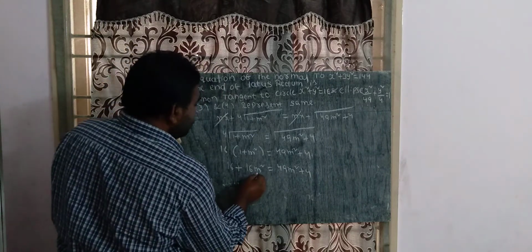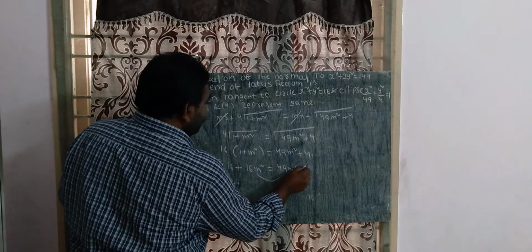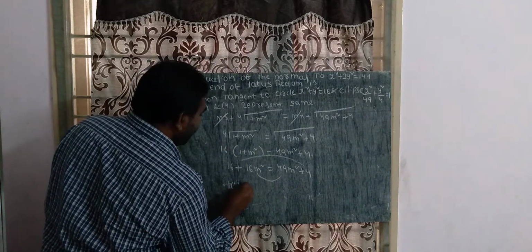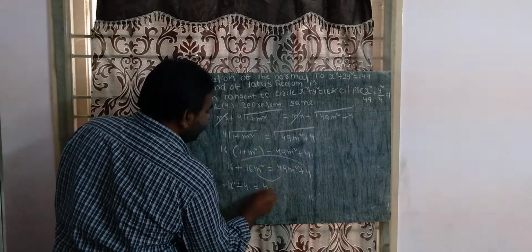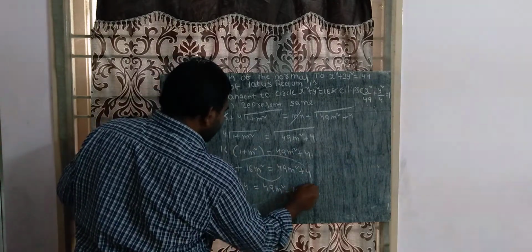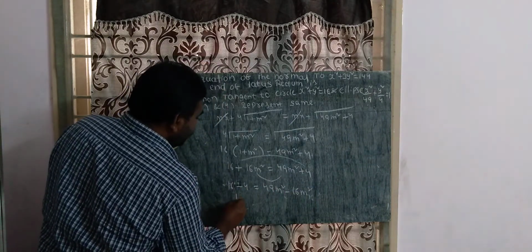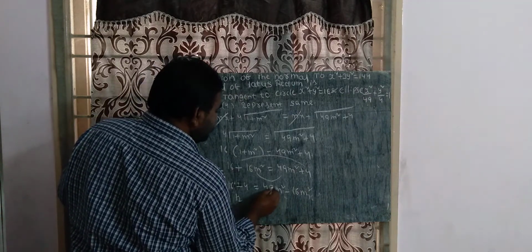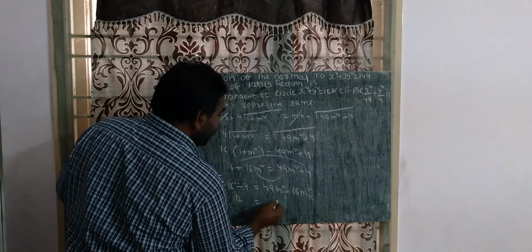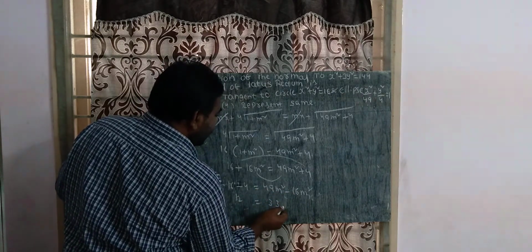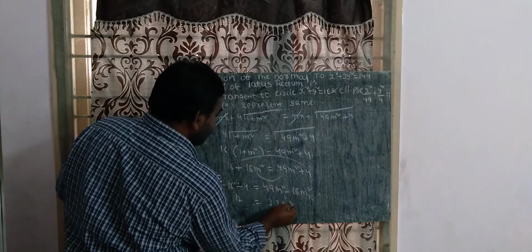Take 16 m square to this side and 4 to this side, that means 16 minus 4 is equal to 49 m square minus 16 m square. We get 12 is equal to 33 m square.